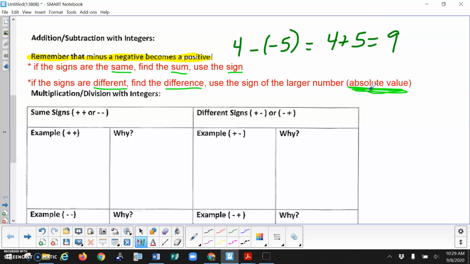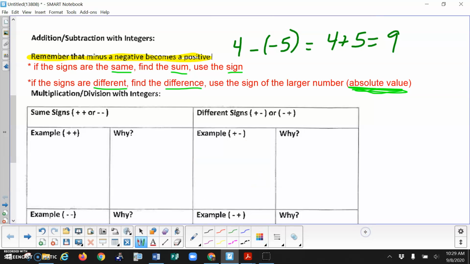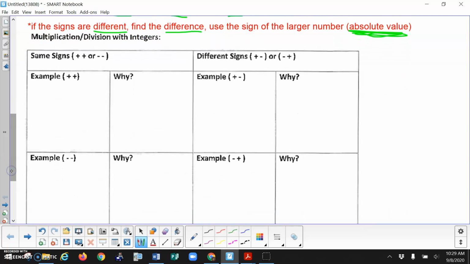Okay, and then for multiplication and division, if the signs are the same. So for example, if I was multiplying 7 times 12, that would give me 84, because anytime you do a positive times a positive, this is going to result in a positive.